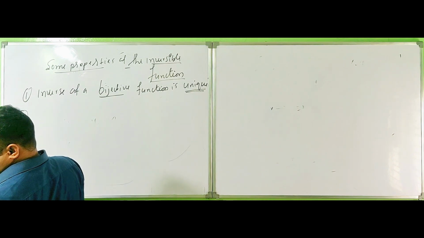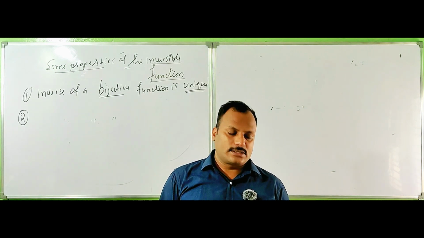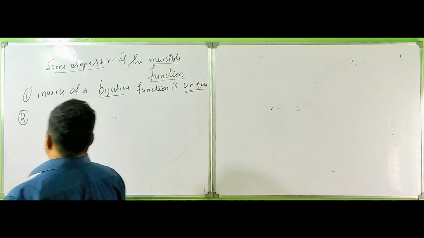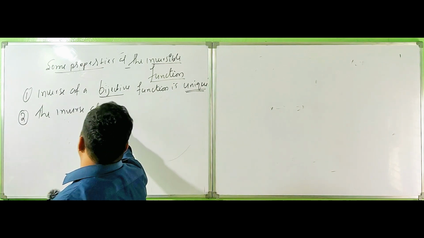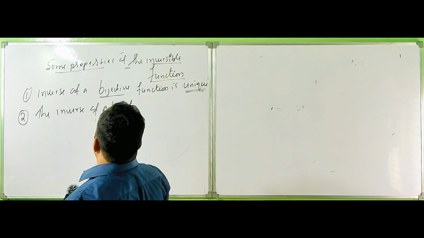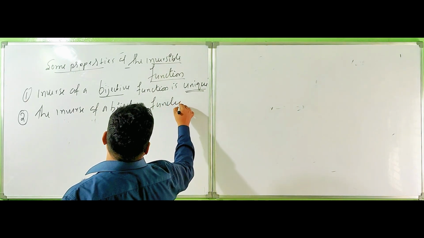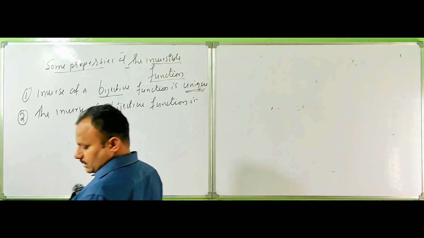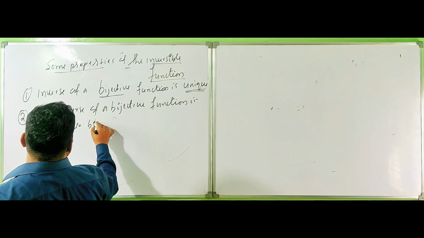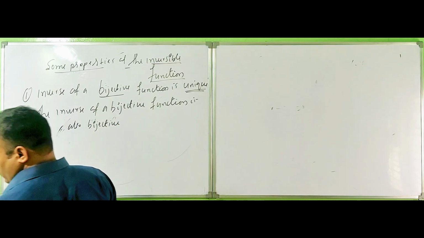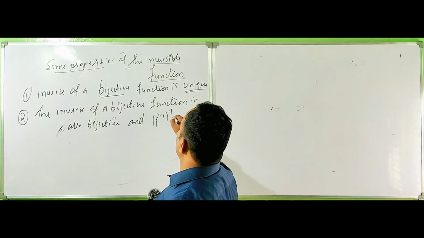Second one: the inverse of a bijective function f is also bijective, and f inverse of inverse is equal to f.